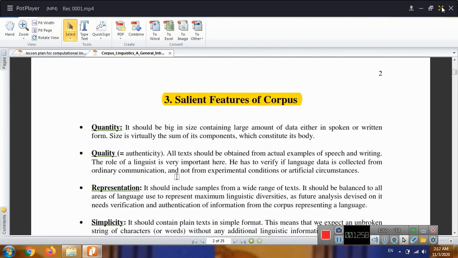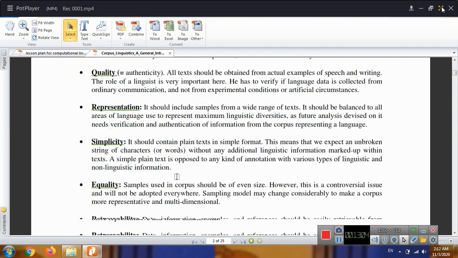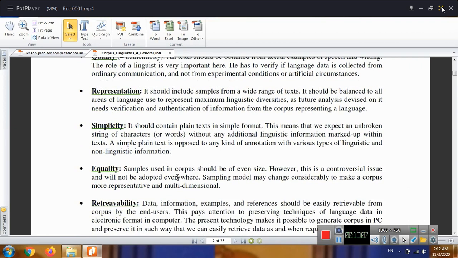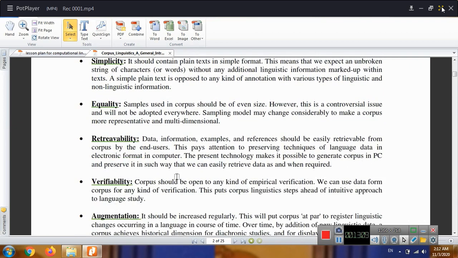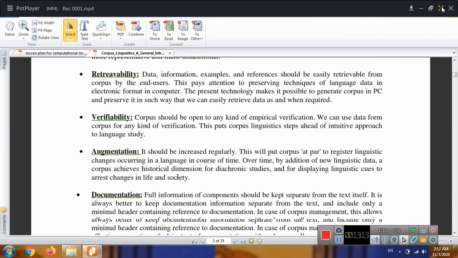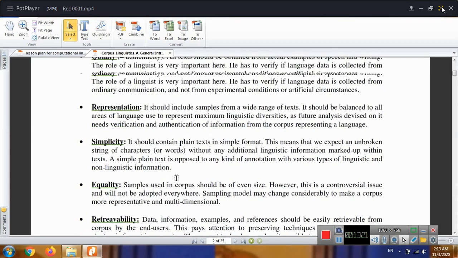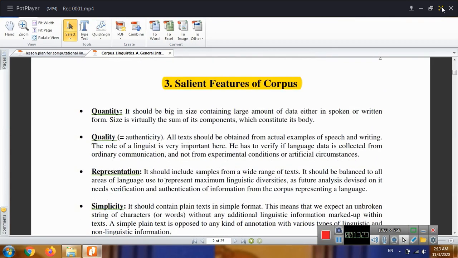We have some features, which are quantity, quality, representation, simplicity, equality, retrievability, verifiability, augmentation, documentation. Maybe I ask you to explain, for example, verifiability. You should know all of this, the summarization of each part.